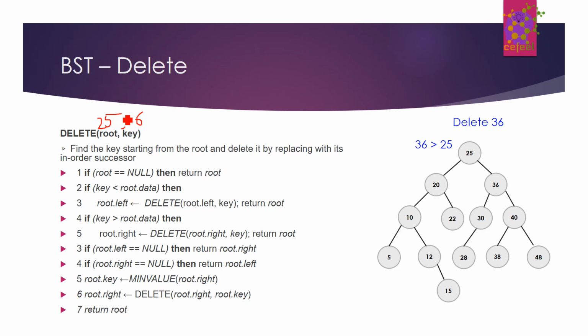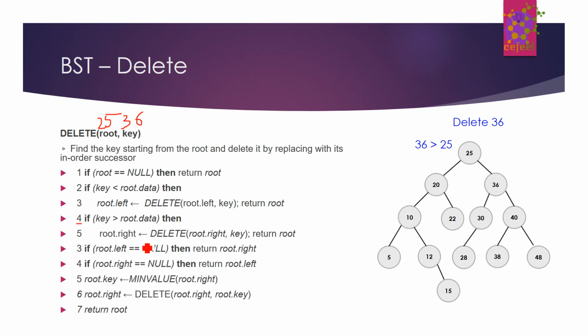This will check if root is null, which is not true. Key is less than root.data? This check will fail because key is 36 and root.data is 25. Key is greater than root.data is true, because key is 36 and root.data is 25.